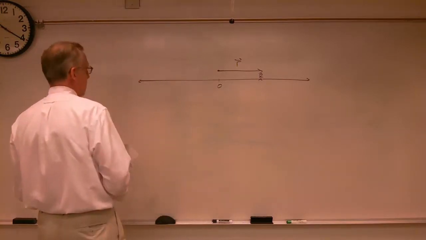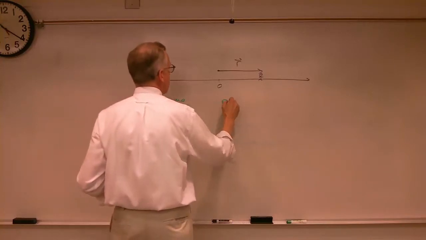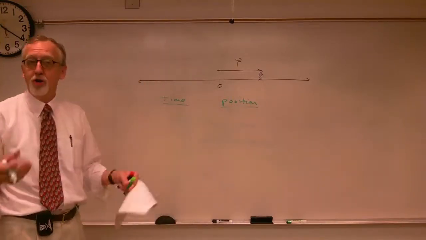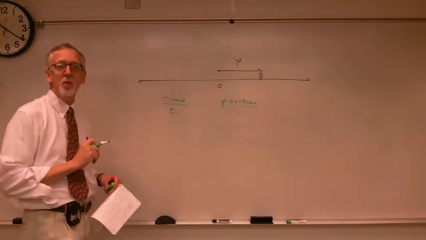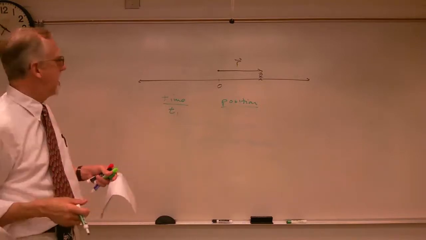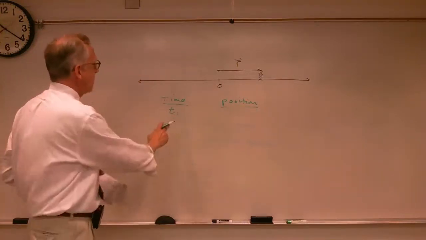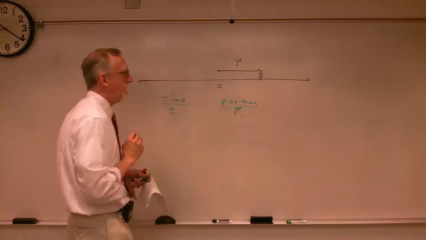So let's make a little chart. Let's say we have time and position. One way we could describe the motion of our object is to say at some time, let's call it t1, which might be 12 o'clock, or 5:30, or 6 seconds, or whatever, our object is at a position r1.